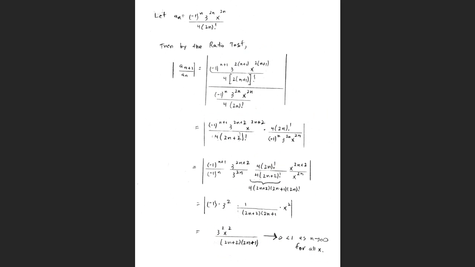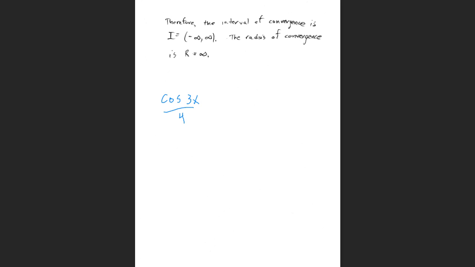Okay. Well, then, this means the interval of convergence is negative infinity to infinity. Essentially, what you're saying is this: the cosine of 3x divided by 4 is equal to this power series.